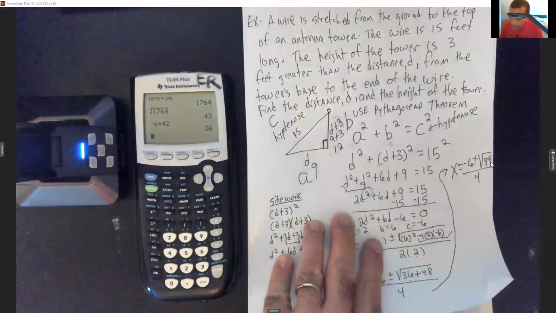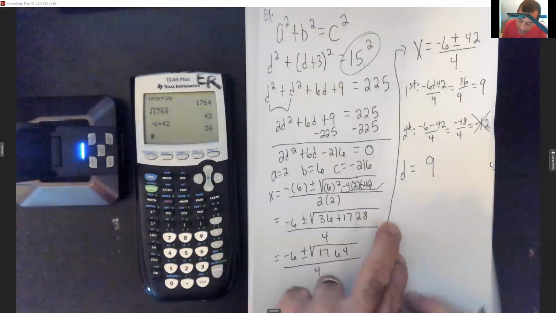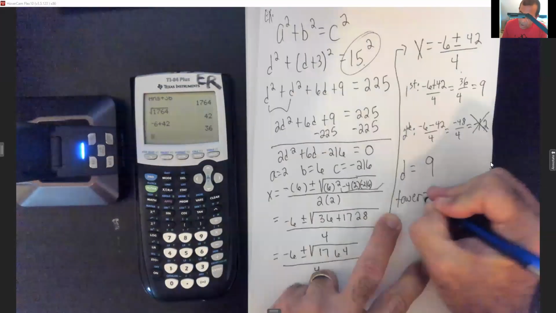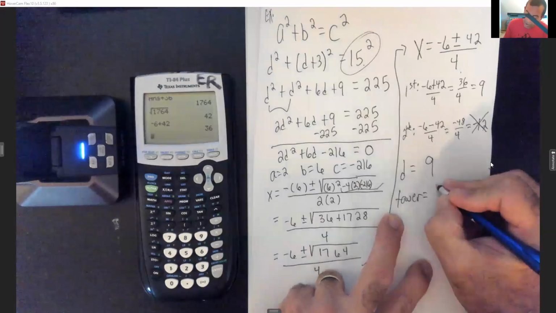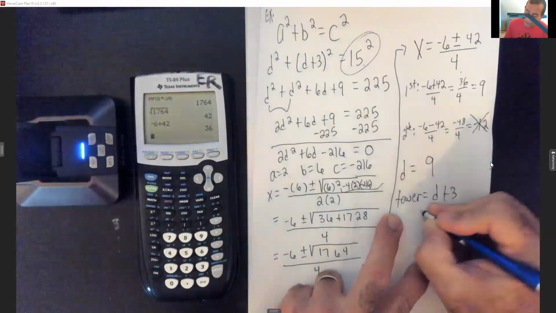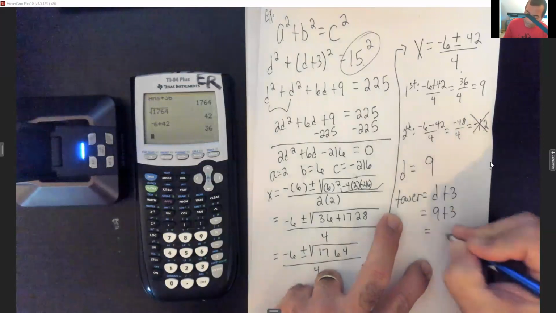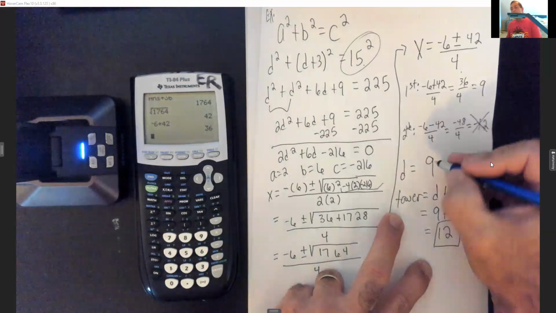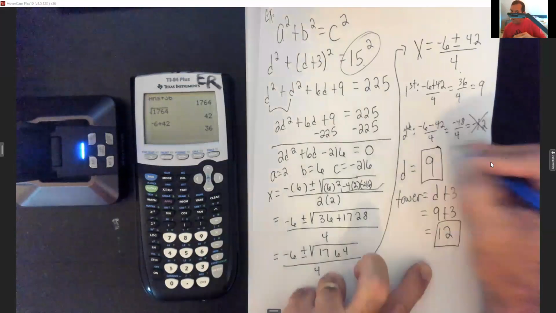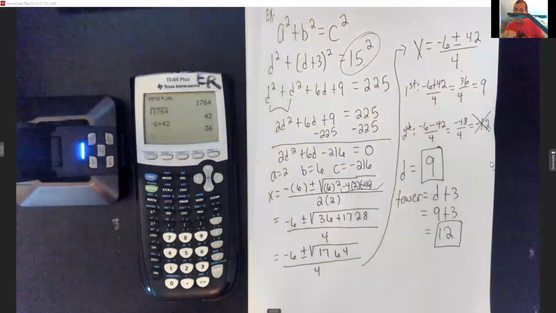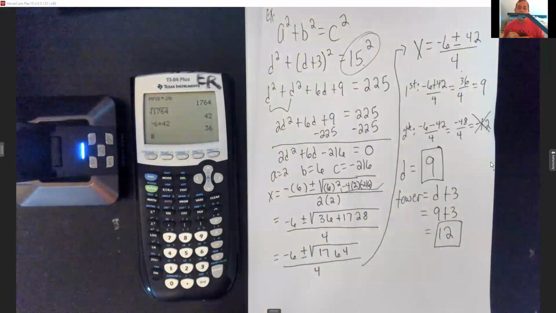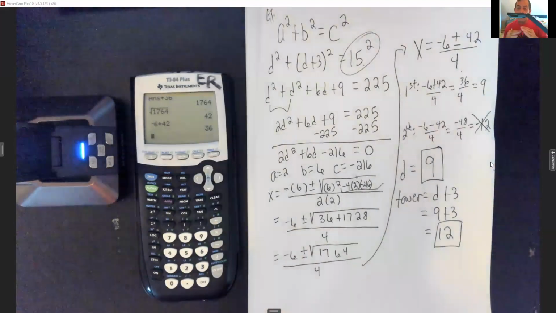So my distance D was 9, and my tower was D plus 3, which gave me 9 plus 3, which gave me 12. Okay, so this one will always give you one positive answer, one negative answer. You've got to go with the positive answer since you're dealing with distance, okay?